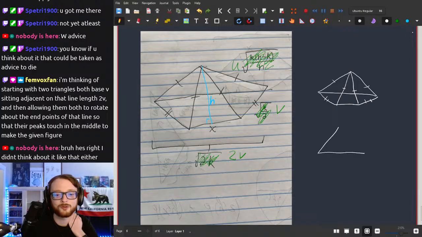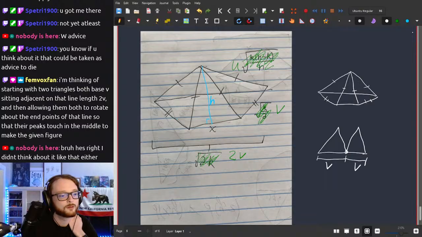So we're starting with this. It's not drawn to scale, but each of these is V. Then you basically grab this point and yank downwards, keeping these points on the outside fixed, until they touch tips.